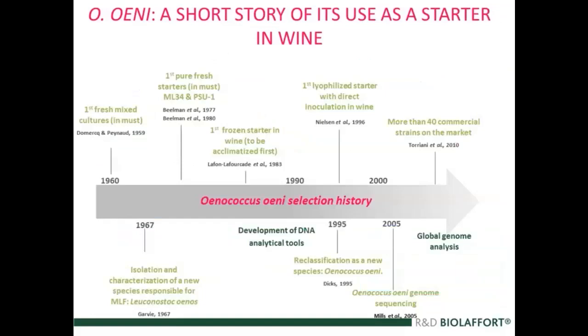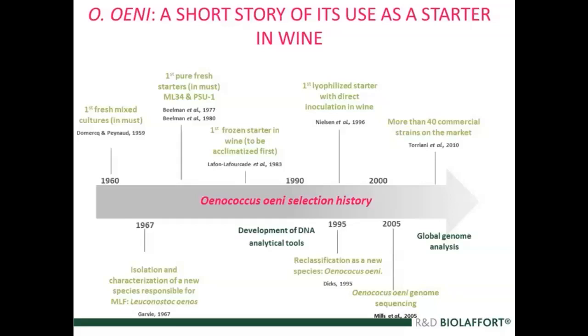Actually, the story of the use of Oenococcus oeni as starters in wine is not so old. It was only in the 60s that Pilone and Domergue started to describe the use of fresh bacteria involved in malolactic fermentation. But that was actually a use of lactic acid bacteria mixed with yeast in must.